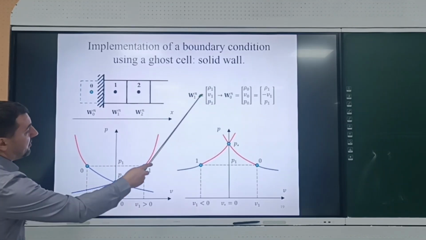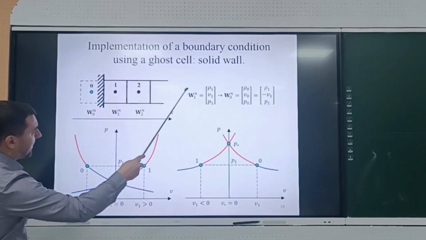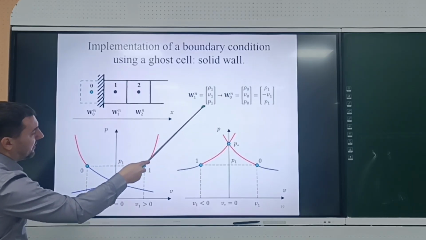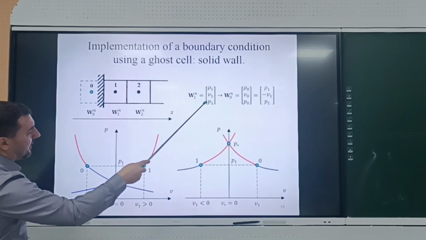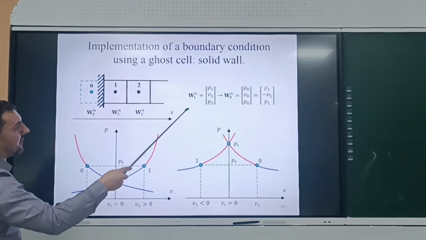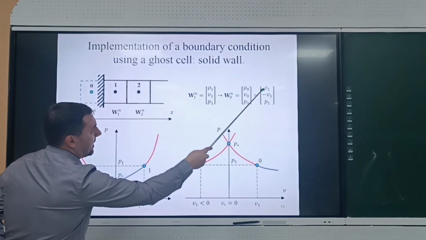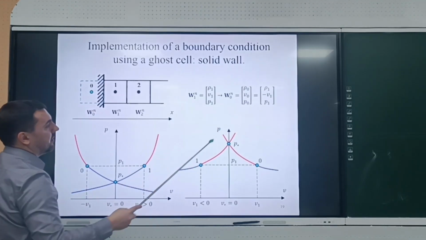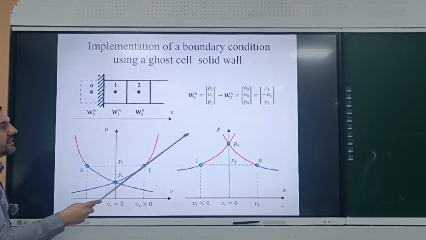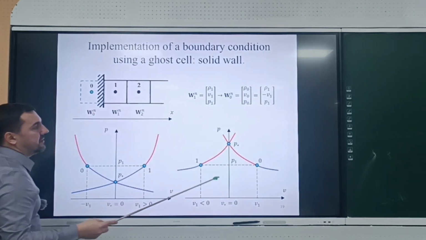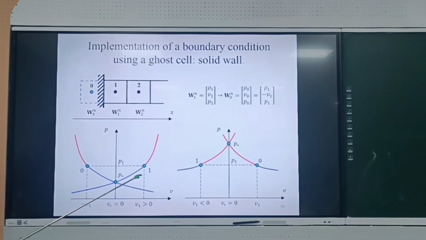It is known that, for example, if you have the primitive variables vector W1 = (rho1, V1, P1), the correct implementation of solid wall boundary condition is to set parameters in the ghost cell as (rho1, minus V1, P1). So we should take the same density and pressure and take the velocity with the opposite sign.